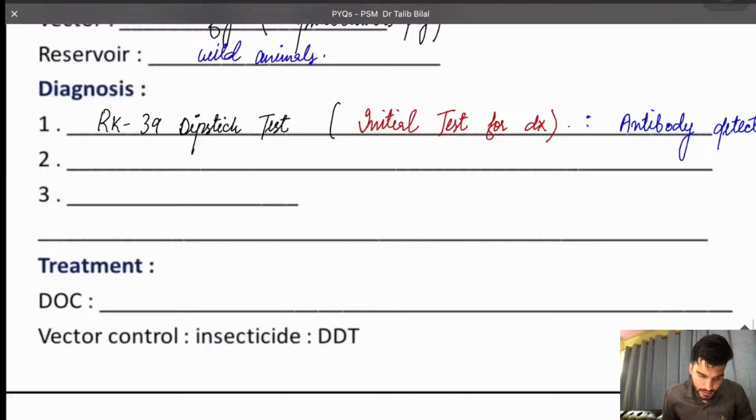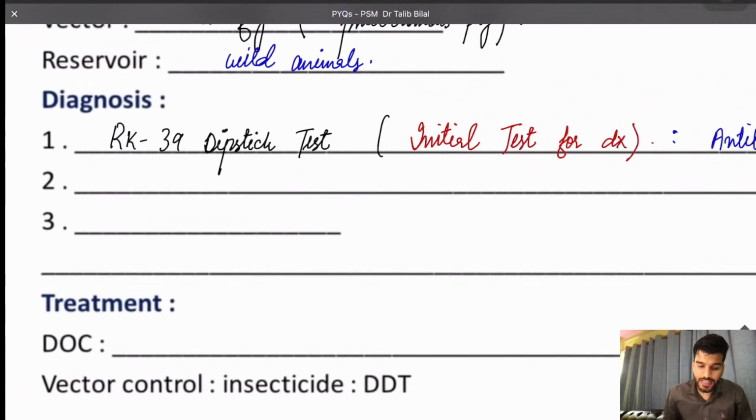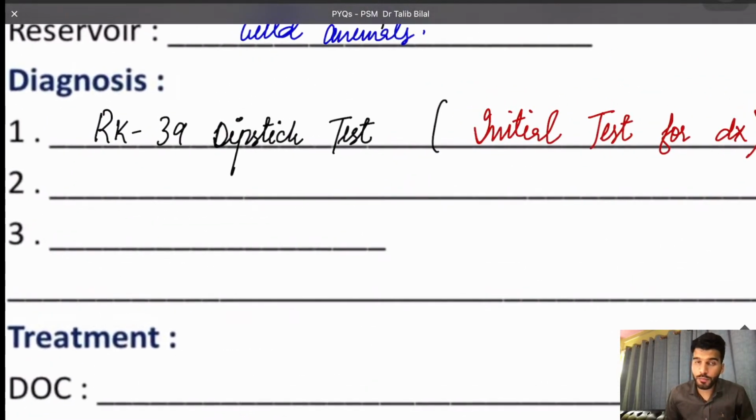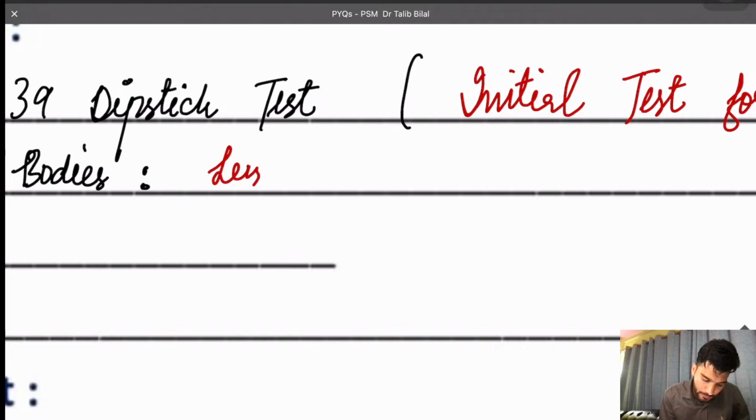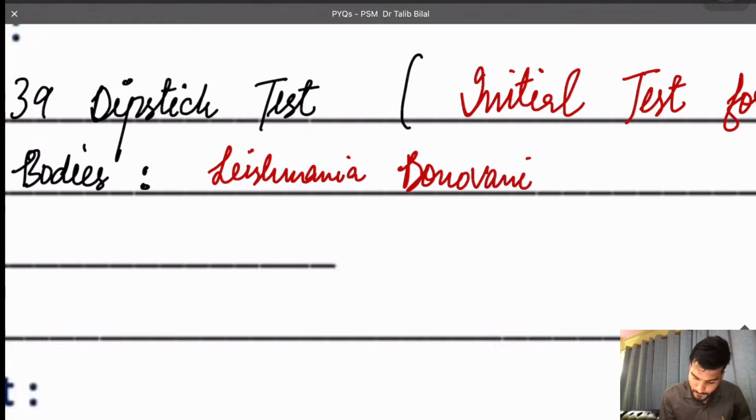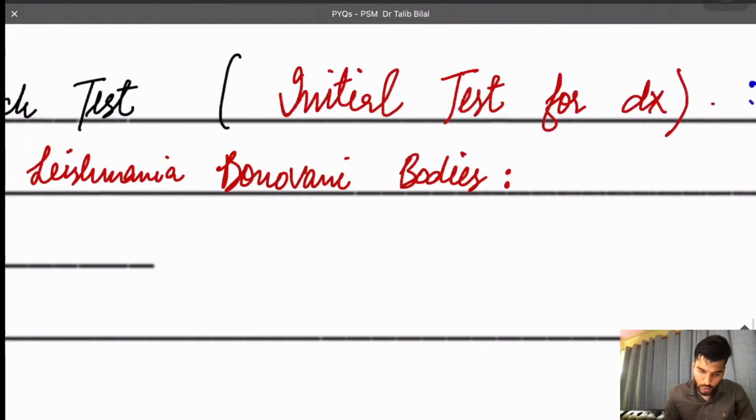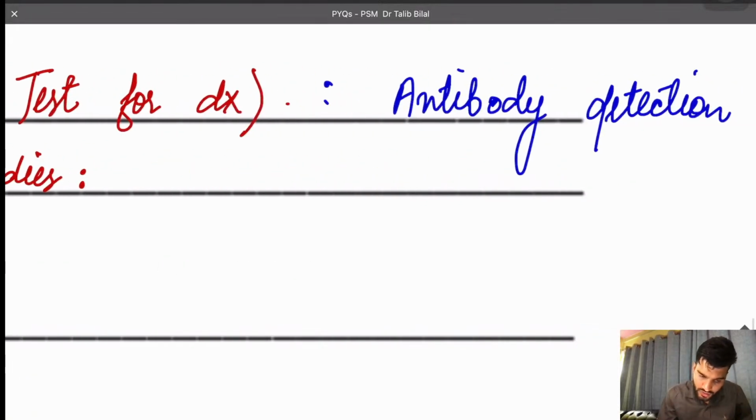Then the second, guys, we have intracytoplasmic inclusion bodies, which are the confirmatory test for leishmaniasis. What are these bodies called? LD bodies, Leishmania donovani bodies.